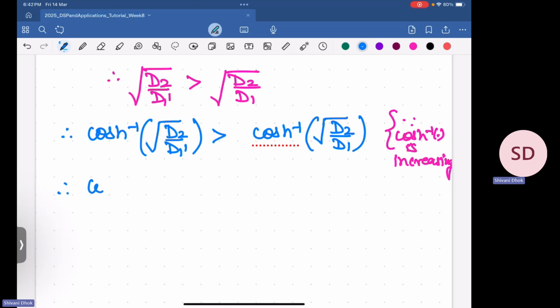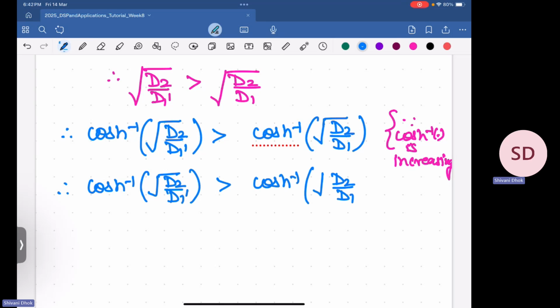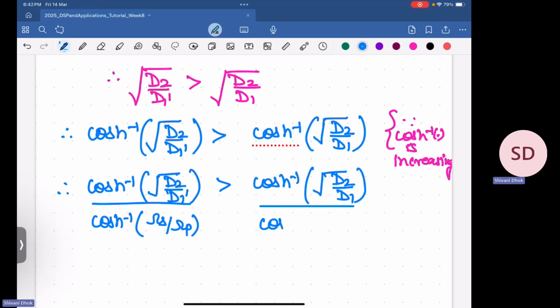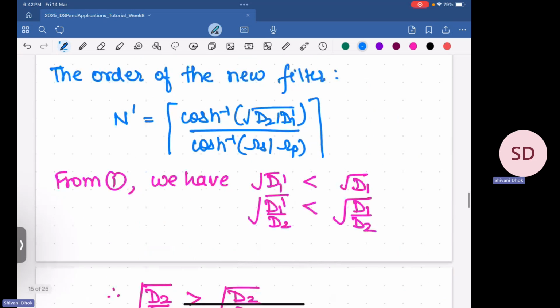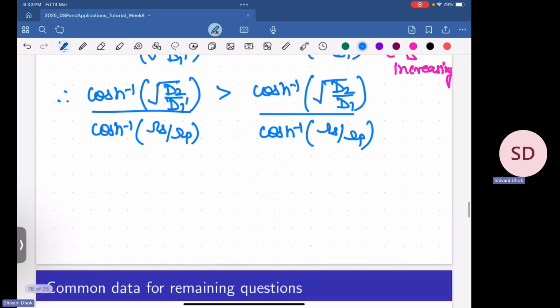So therefore we have cosh inverse under root of d2 by d1 prime is greater than cosh inverse under root of d2 by d1. This side we divide by cosh inverse of omega s by omega p, and right hand side also we can divide by cosh inverse of omega s by omega p. Now but the order is basically ceil of these two.